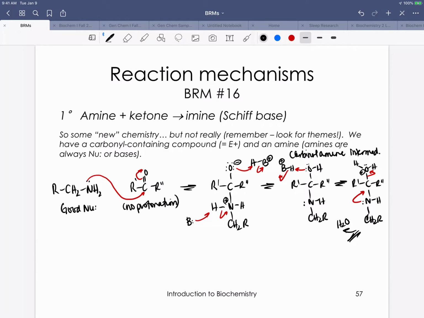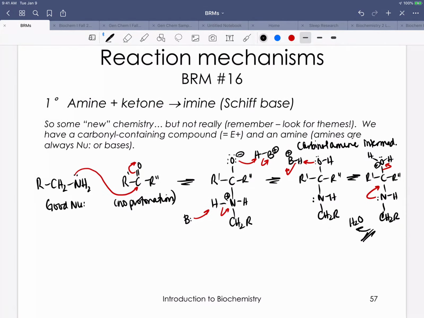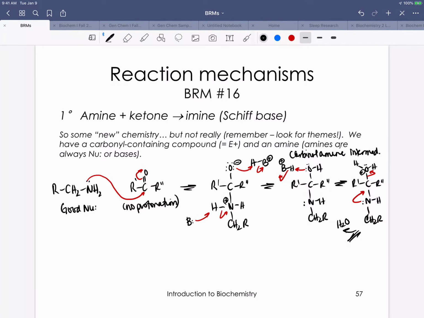And we're going to generate an intermediate here that we're going to call a protonated Schiff base. So again, an amine here that is protonated as an imine, having that carbon-nitrogen double bond.